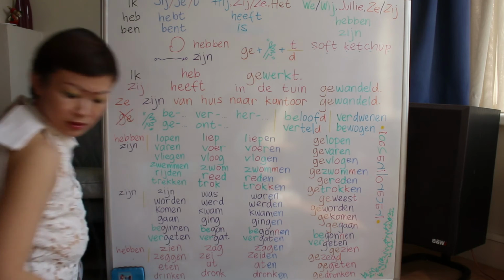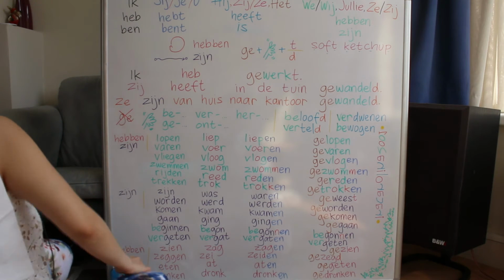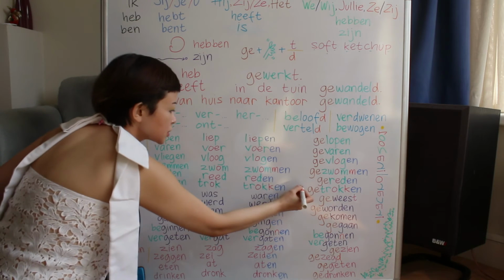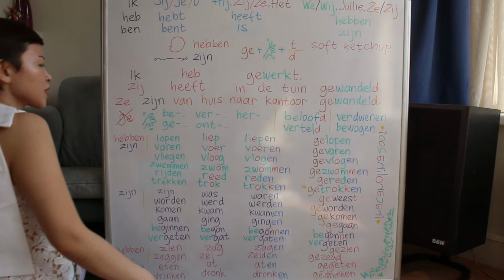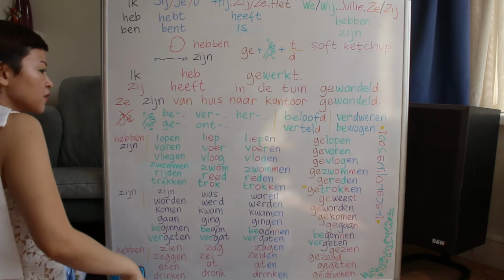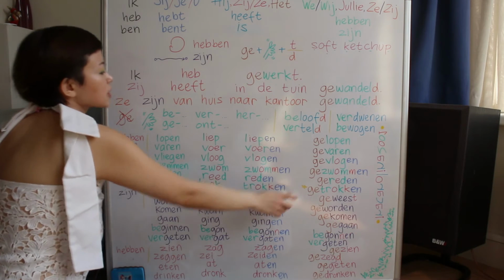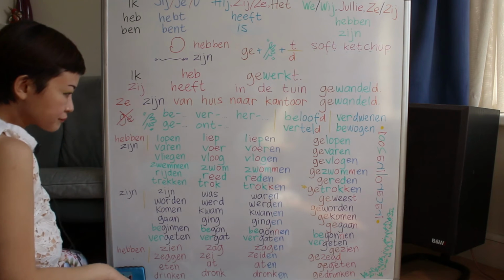So for this one, I will just put a star because there's a different meaning. If you use hebben, it means pulled. But if you use getrokken with zijn, it means traveled.